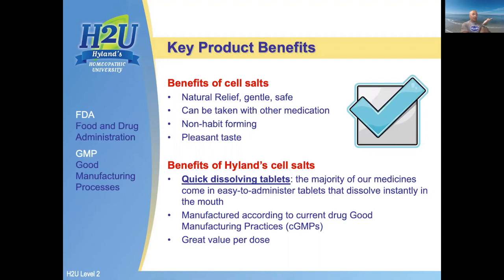But the huge advantage of our products is that they're quick dissolving. If you took our tablet and dipped your finger in some water and pressed it down on a tablet, it instantly dissolves. We have a special process where we make instantly dissolvable tablets.